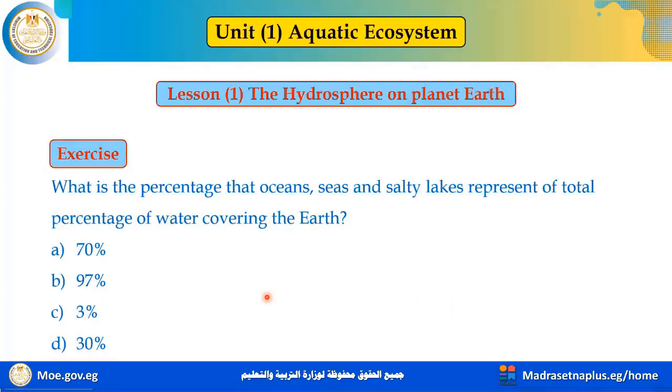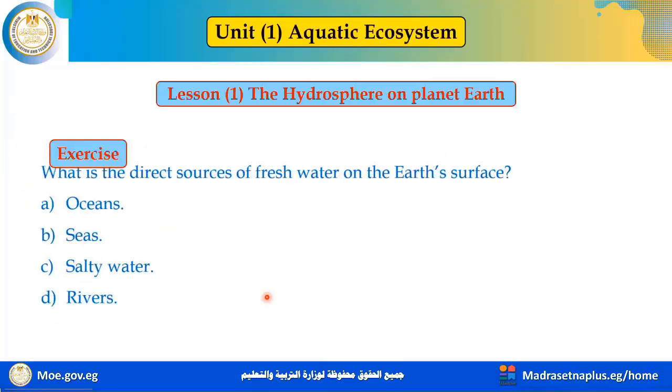Another question. What is the percentage that oceans, seas, and salty lakes represent of the total percentage of water covering the earth? 70%, 97%, 3%, 30%. Good. It is 97%. Okay?